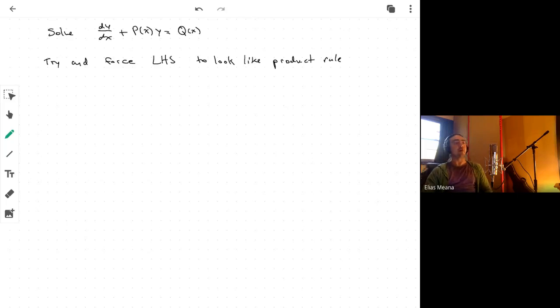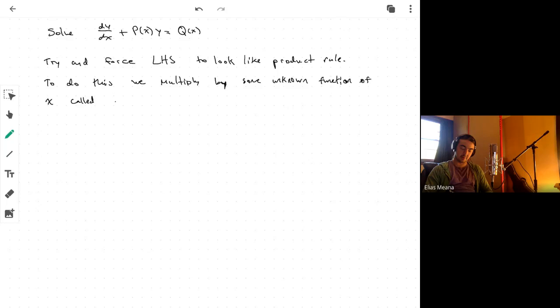So the way that we're going to try and force the left-hand side to look like product rule is by multiplying by some unknown function of x, which we're going to call an integrating factor, okay?